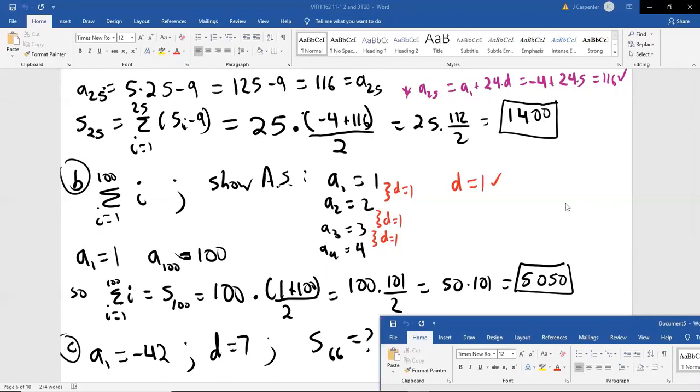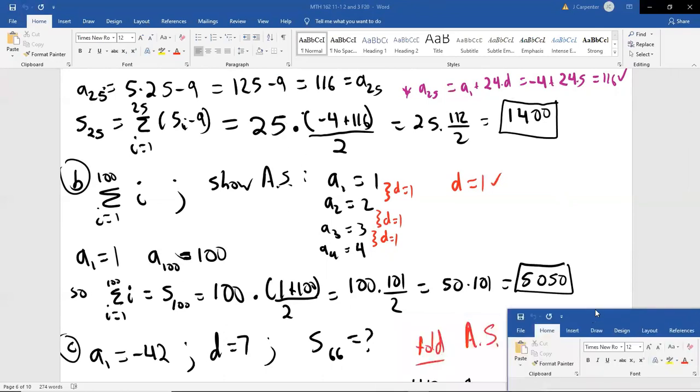Now this time, unlike A and B, we don't have to show that it's an arithmetic sequence. We were told it's an arithmetic sequence by having been given the d.